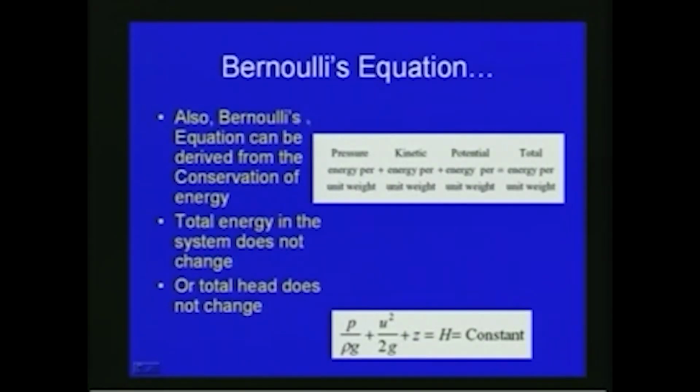So, as we have seen for Bernoulli's equation, as you can see in this slide, which can also be derived from the conservation of energy, we have the pressure energy per unit weight plus kinetic energy per unit weight plus potential energy per unit weight equal to the total energy per unit weight of the system. We have already seen that the total energy in the system does not change as per the conservation of energy, so we can say that total head does not change.